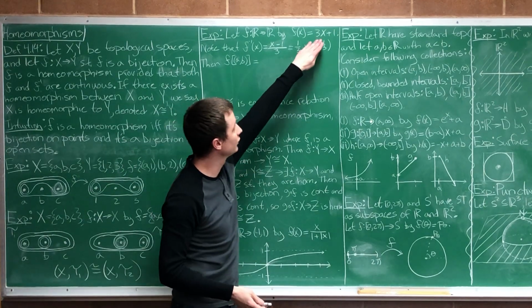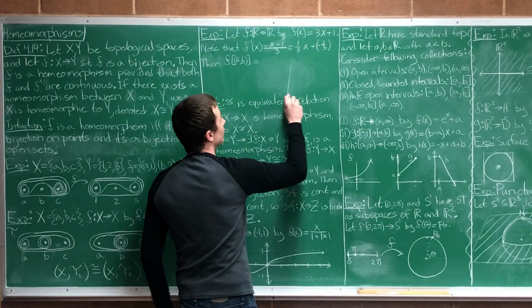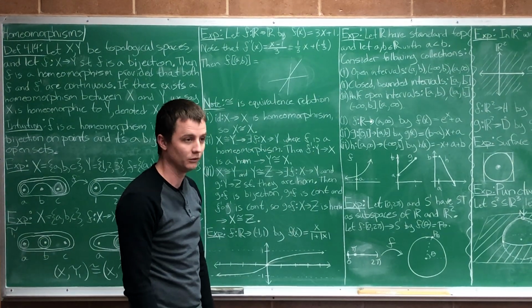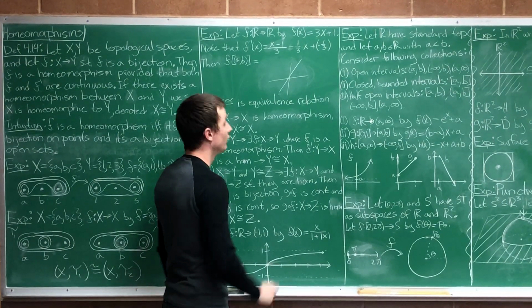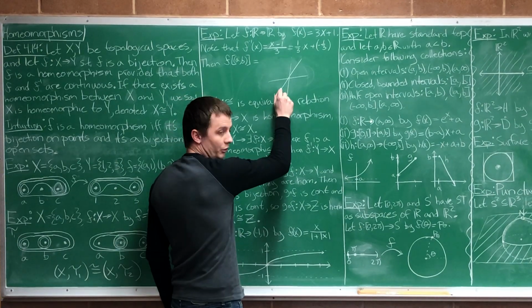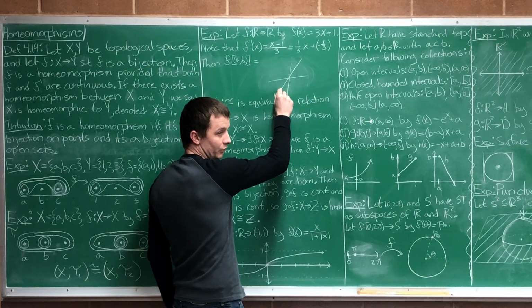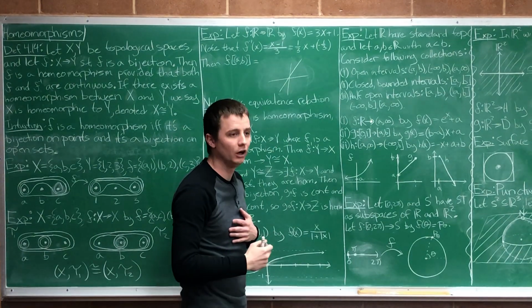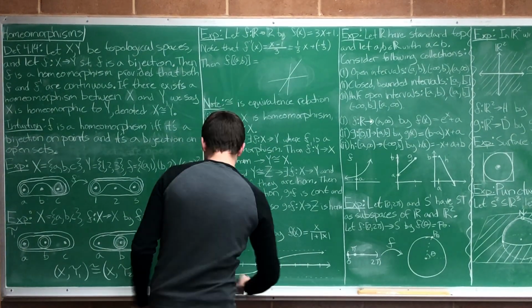You know what this function looks like? It's just a line. It's going to look something like that. It's one-to-one and onto. For every x, we only have one y. So one-to-one. And it uses up all of the y-axis, so onto. It's one-to-one and onto.